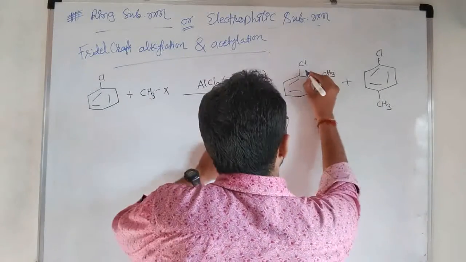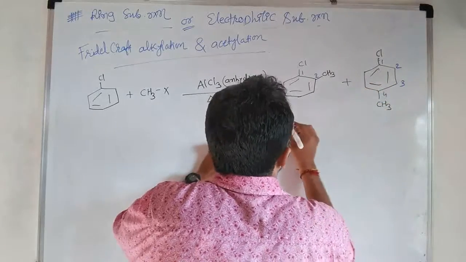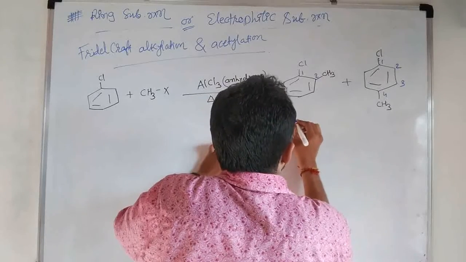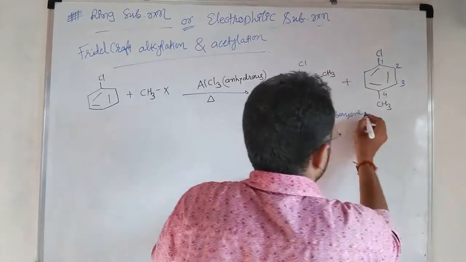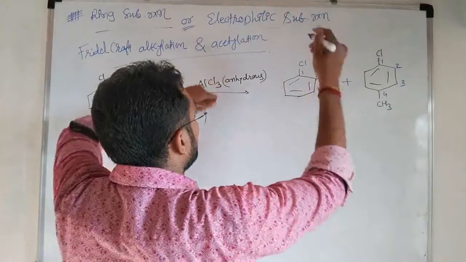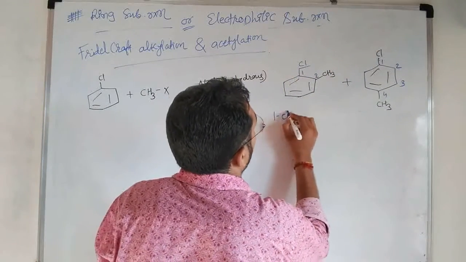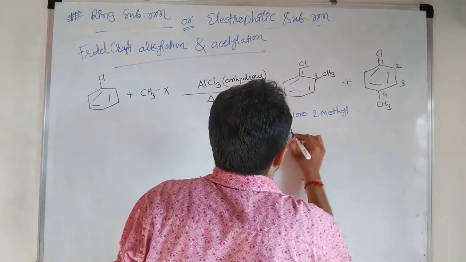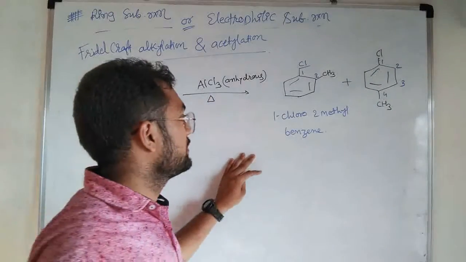Starting from here, 1, 2, 3, 4. 2-methylchlorobenzene, like this. On the basis of the IUPAC rule, alphabetically first is considered first. So here 1-chloro-2-methylbenzene.